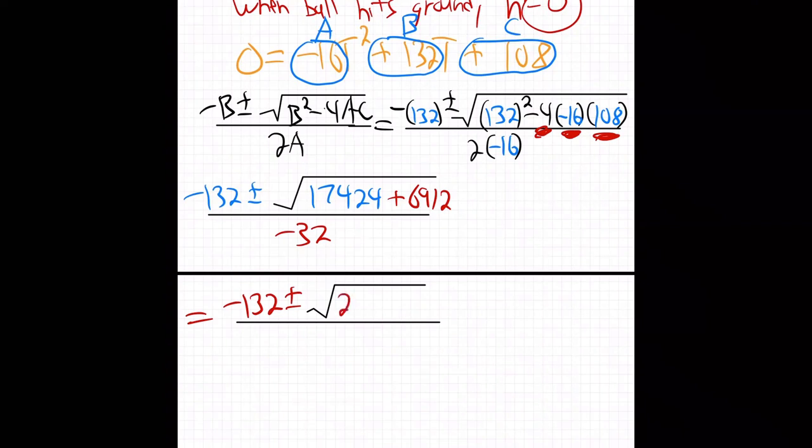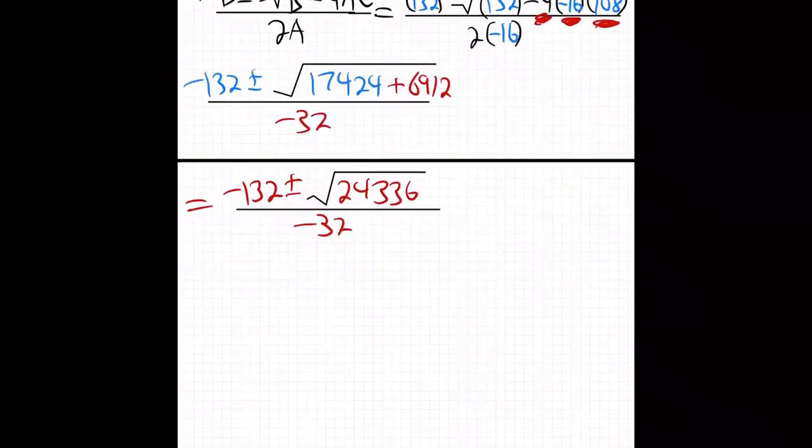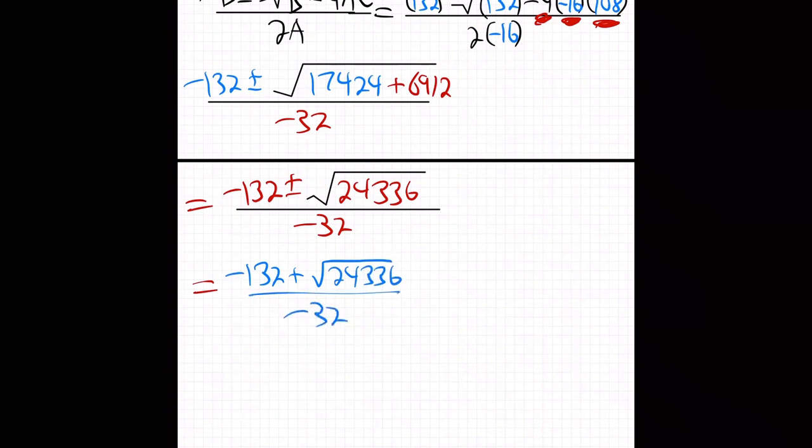I'm getting in here 24336 over minus 32. All right. So what does that mean? That means there's two options here, aren't there? So there's minus 132 plus the square root of 24336 all over minus 32.